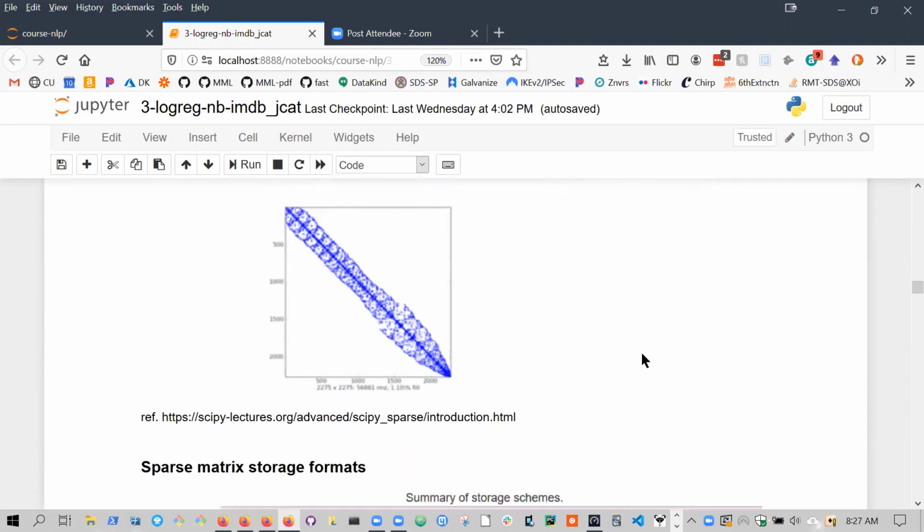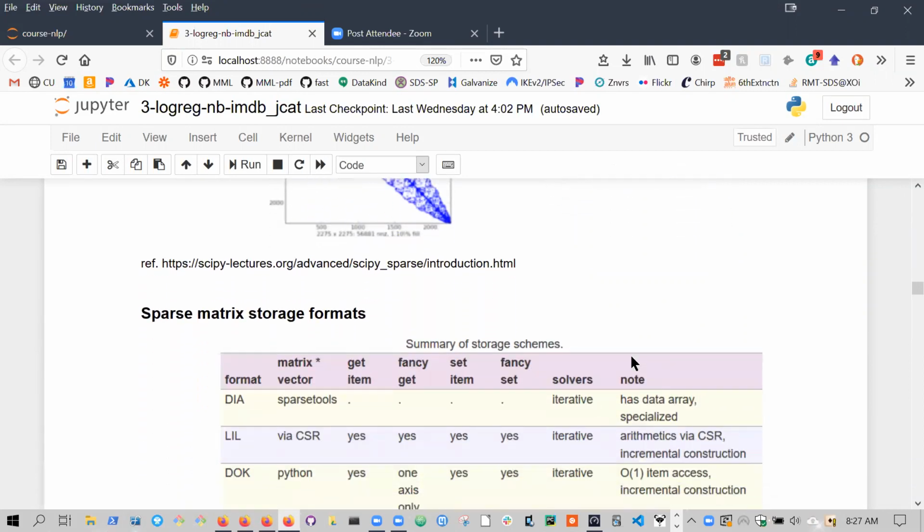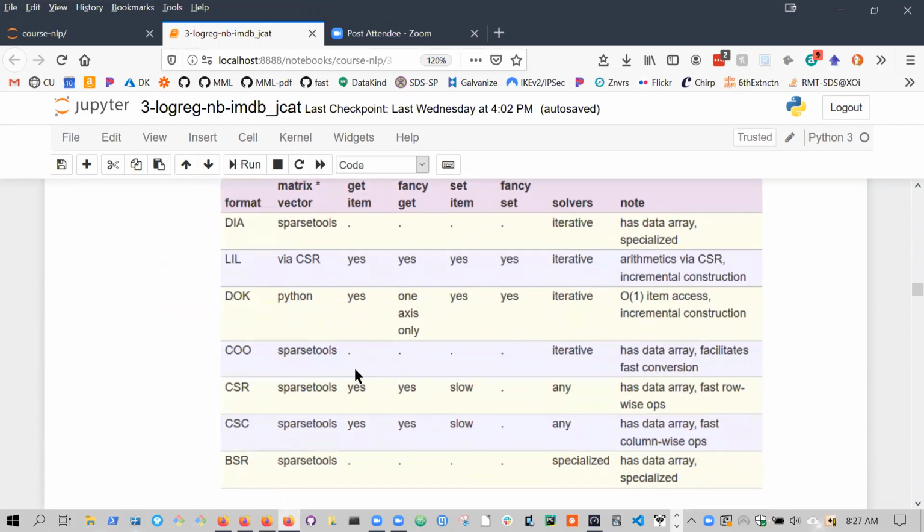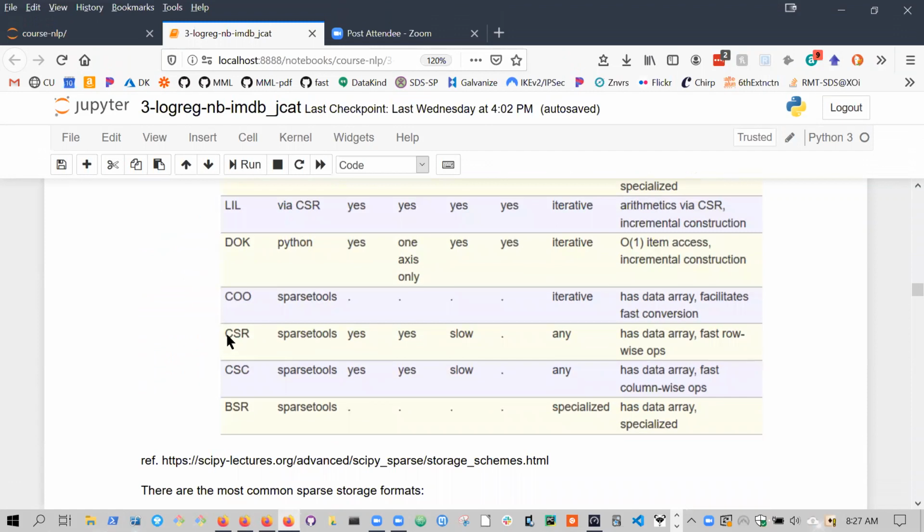And so they evolved special kinds of sparse matrix storage formats. The ones we're most interested in are CSR, compressed sparse row format. And then Rachel also mentions COO, which is very simple to understand.